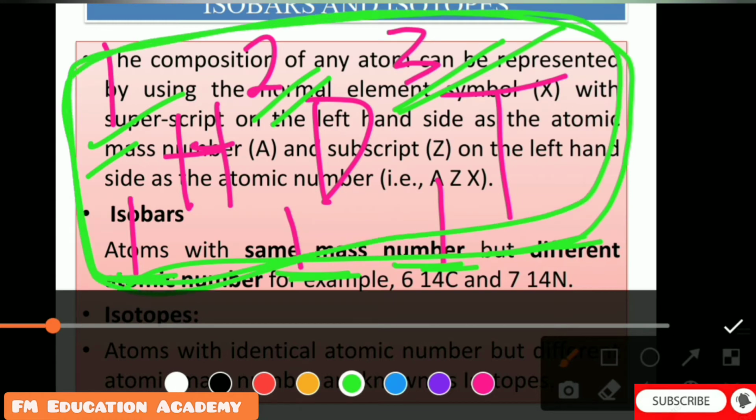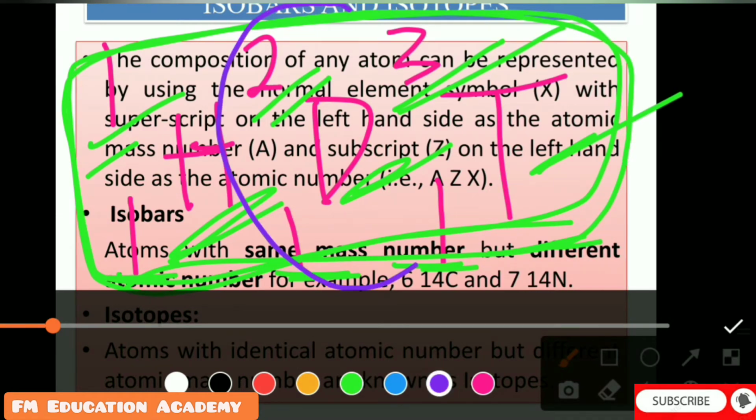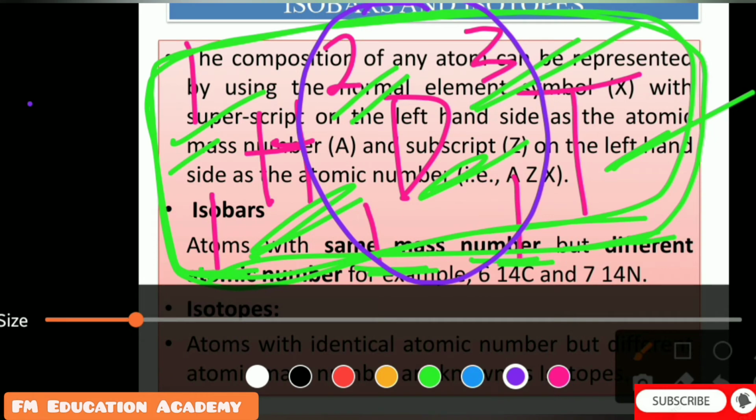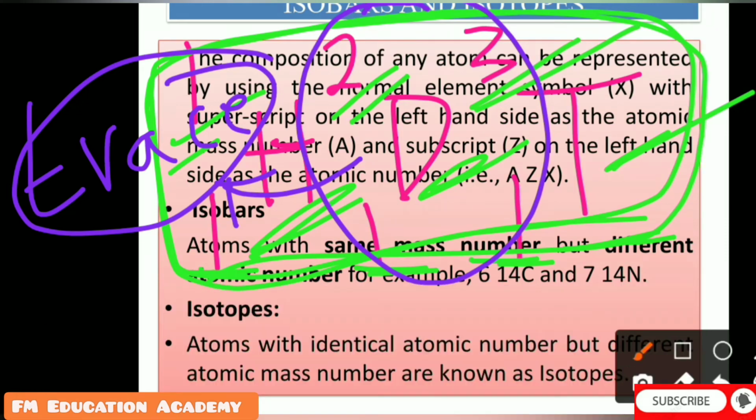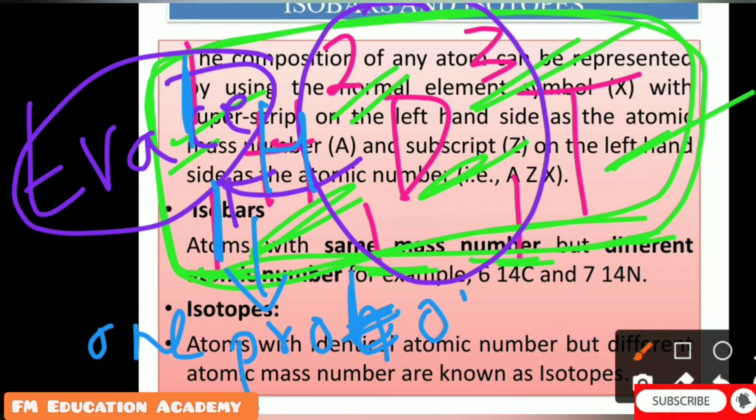In hydrogen we have these isotopes: protium, deuterium and tritium. Now this deuterium atom is found in trace amounts on earth, that is, in a very small percentage. And some more points I would like to say about protium, deuterium and tritium. Protium has atomic number 1 and mass number 1, so protium has only one proton, because the atomic number and mass number are the same, 1 and 1.